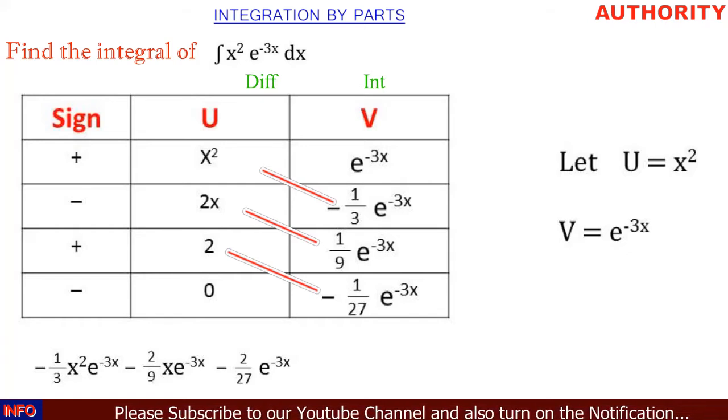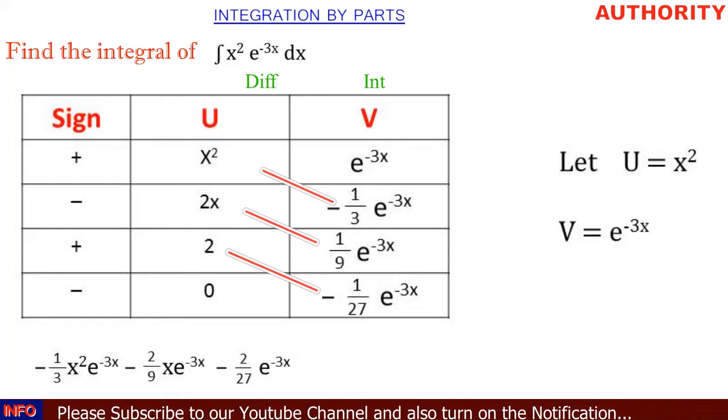So we just obtained minus 1 all over 3 x raised to power 2 e raised to power minus 3x minus 2 all over 9 x e raised to power minus 3x minus 2 all over 27 e raised to power minus 3x.